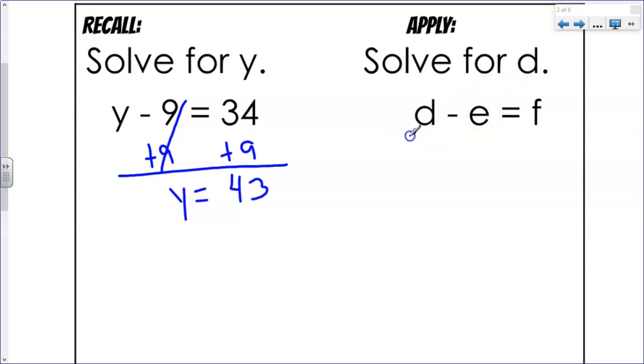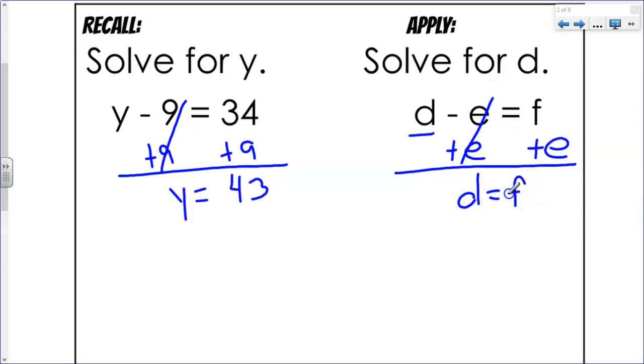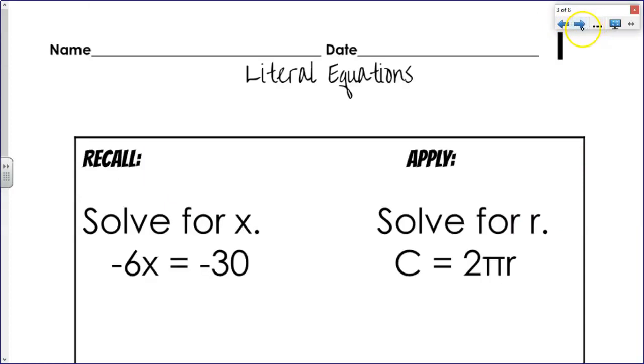If I need to get d by itself, I need to move e. So instead of subtracting e, I'm going to add e to both sides. That leaves me d equals f plus e. I can't combine those because there are no like terms there. Okay, hopefully this is making sense.